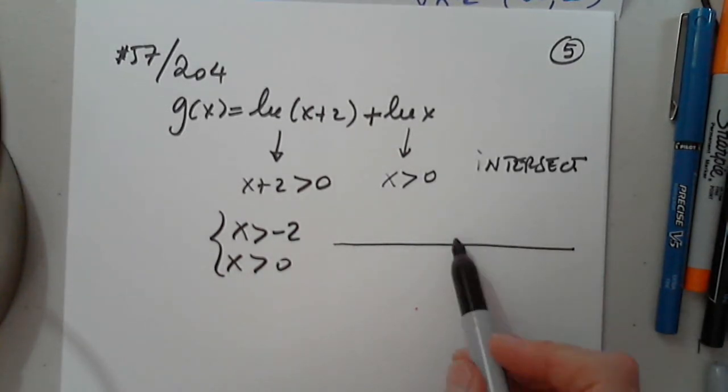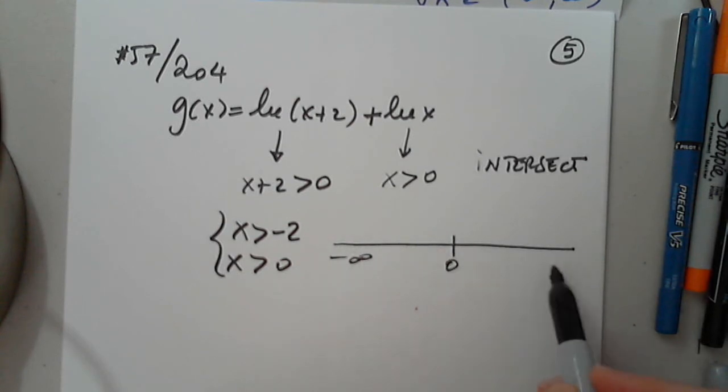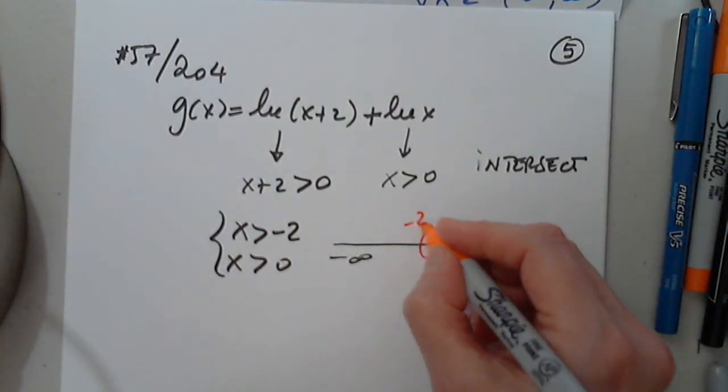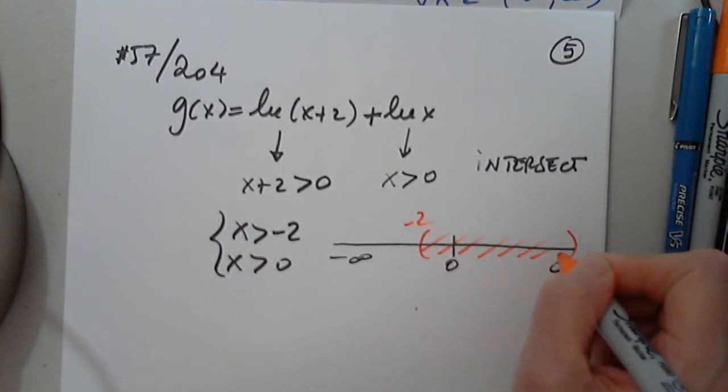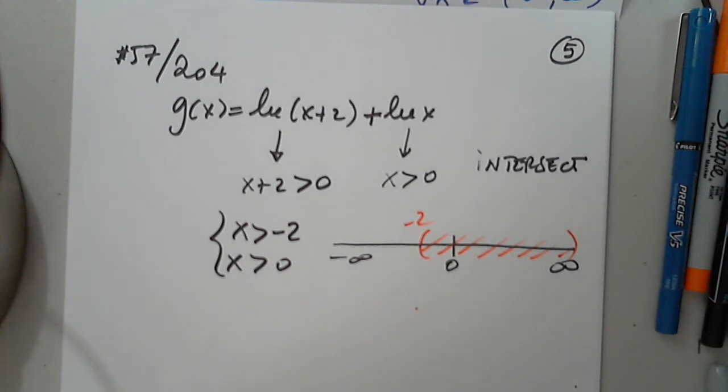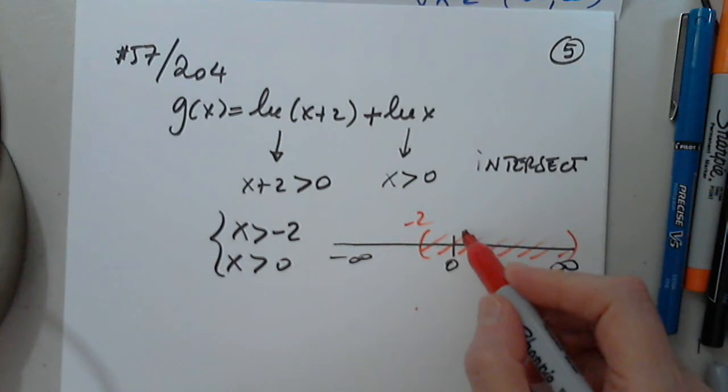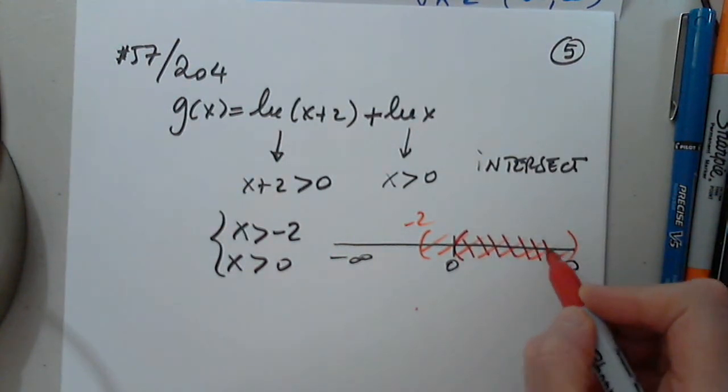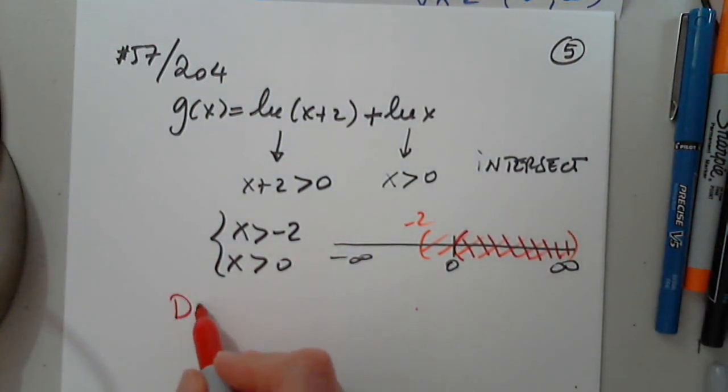Okay, fine. So let's take a look at the real line. I'm going to graph x greater than -2. And I'm going to graph x greater than 0. And I would like you to give me the domain of this function. 0 to infinity.